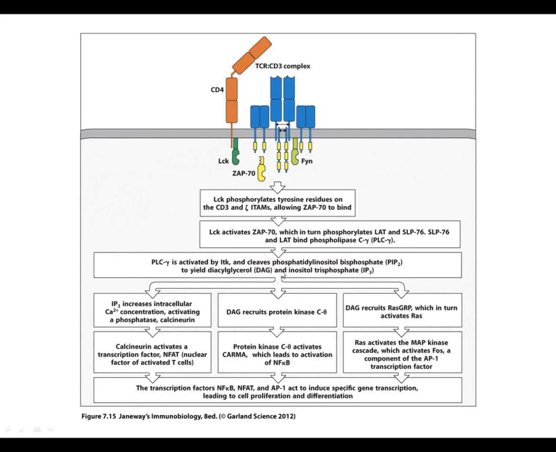Okay? At the same time, DAG, which is another part of PIP2 degradation, recruits protein kinase C, which activates CARMA, and that ends up activating NF-kappa B. DAG also starts the RAS MAP kinase pathway, which leads to activation of AP1, a third transcription factor.